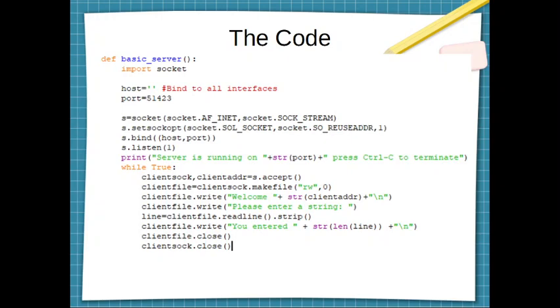receives something, which is the while true bit, it will accept the connection, it will make a file, and it will write to that file a hello, welcome. I think the client adder is a bug because I haven't initialized that or given it a number.